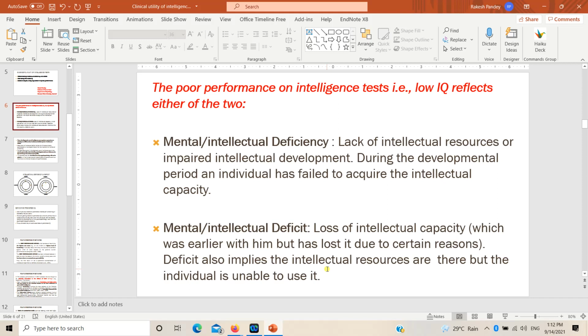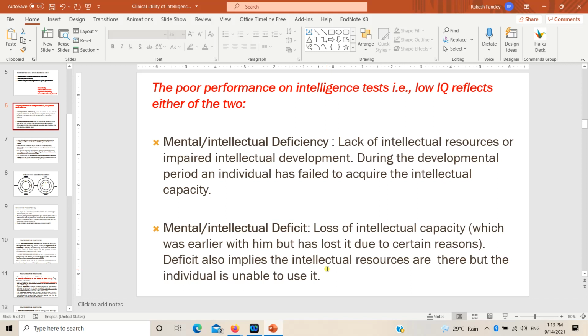So the two key terms are these: intellectual deficiency suggests lack of development of intellectual resources during the course of development, whereas intellectual deficit indicates that the individual had some intellectual resources, but they have been lost, for example because of brain damage, or that the resources are with him, but because of different psychopathological conditions, stress, anxiety, negative emotions, he is not capable of using them.